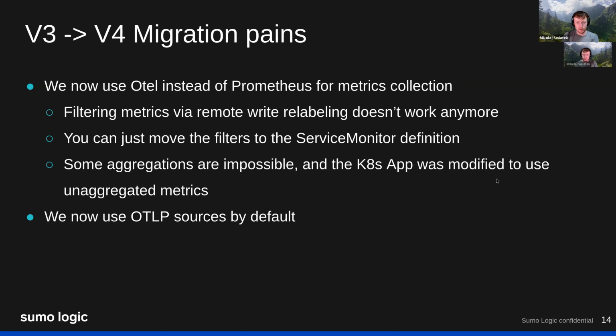And somewhat more importantly, and this is unfortunately a little bit painful, some aggregations are impossible now. In Prometheus, you can do aggregations because there's a single database of all the metrics, and you can do any aggregation on those that you want. In OTel, you don't have that. Normally, the suggestion is to do those aggregations in Sumo itself.